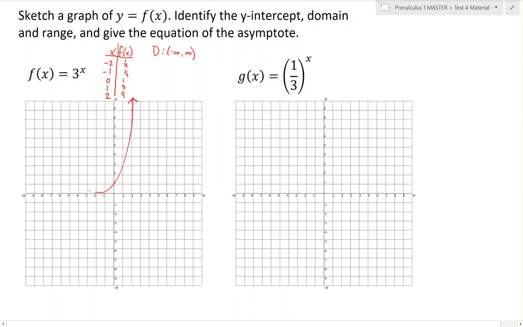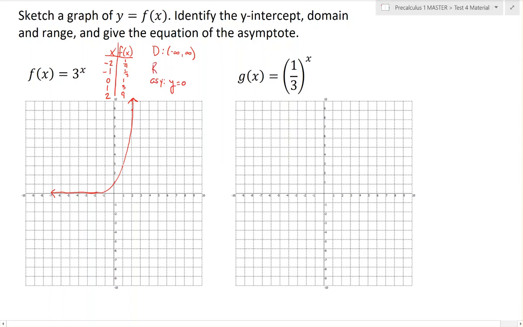If we get more and more negative numbers, it's just going to make this an even smaller fraction. So we're approaching 0, but we can never put a negative enough exponent on 3 to make it be 0. So we have an asymptote there. That asymptote is the equation y equals 0.